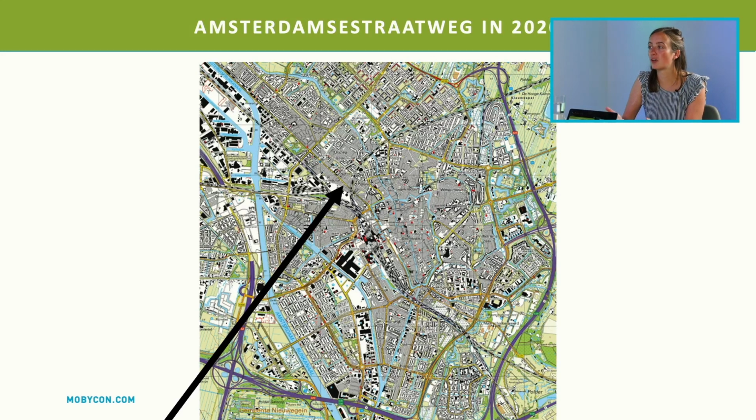So you can ask, so guys, why are you discussing the Amsterdamsestraatweg? Because it's a troubled street or road. As Babette pointed out, it used to be super important. It still carries a lot of cars, about 12,000 a day, and a lot of bicycles, about 20,000 a day.